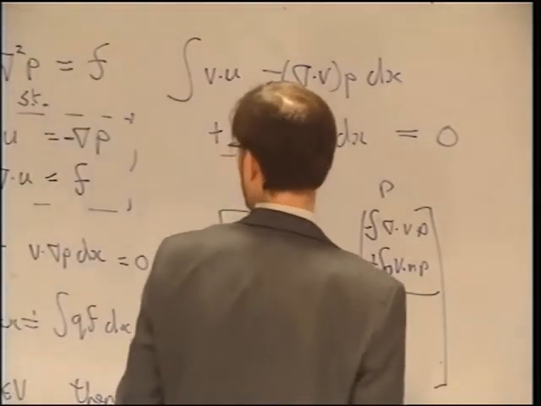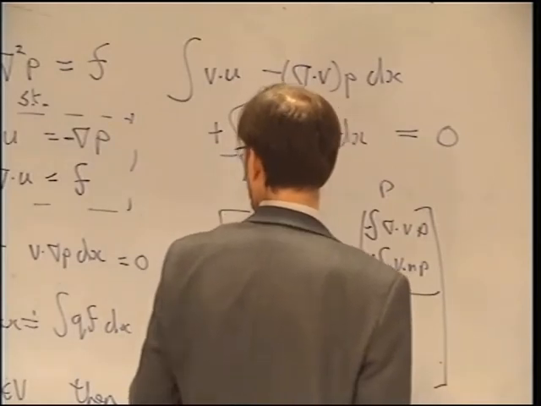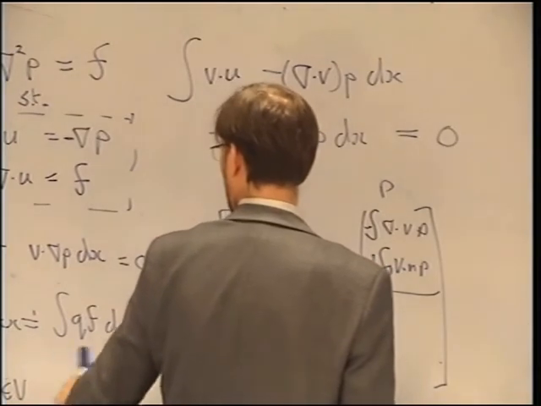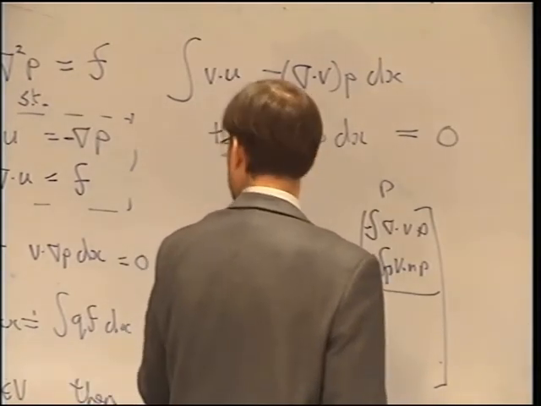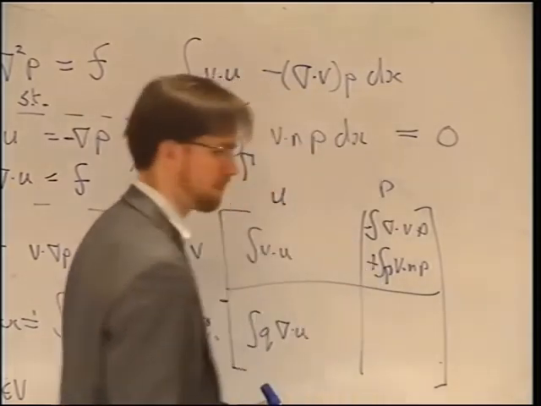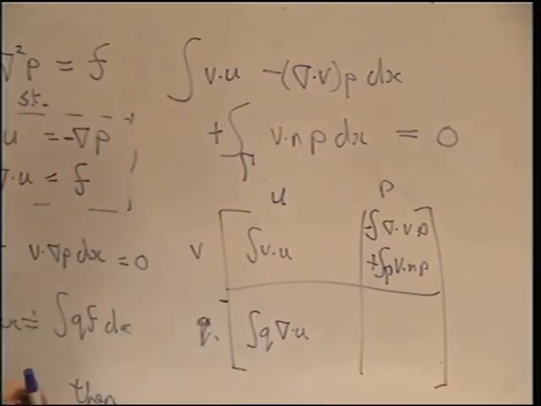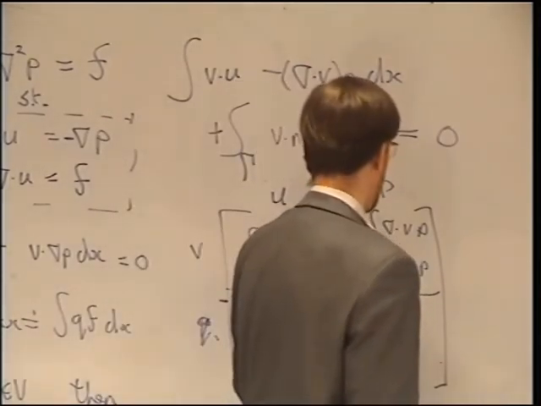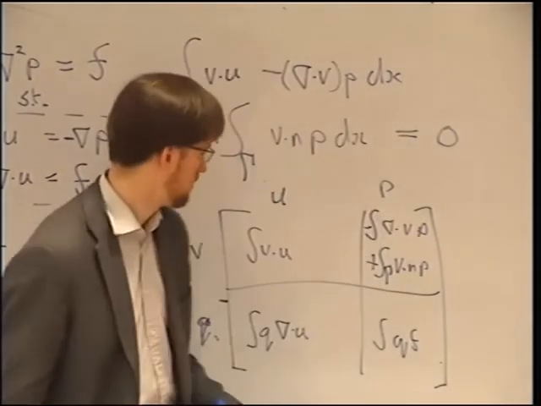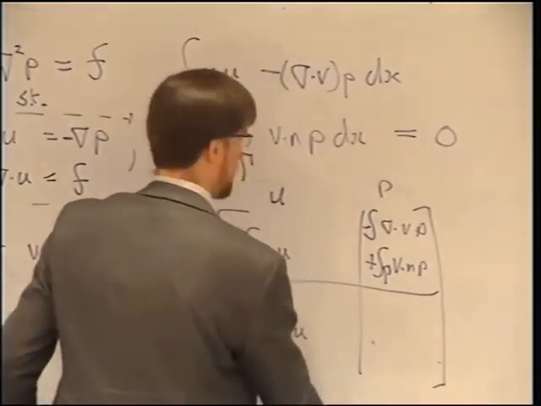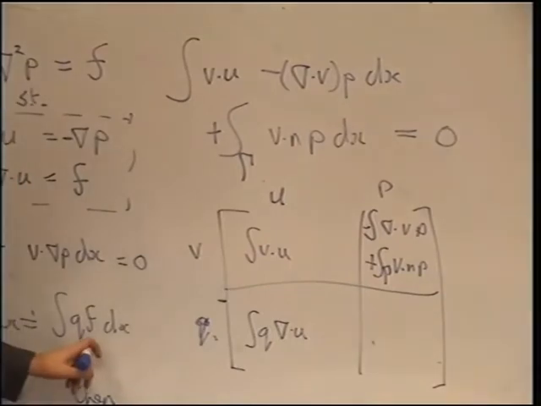In this block down here, we get the integral of Q div U, and in this block here, we get the integral QF. Sorry, I get 0. QF is a right-hand side term. So error there, there's no P in that term.